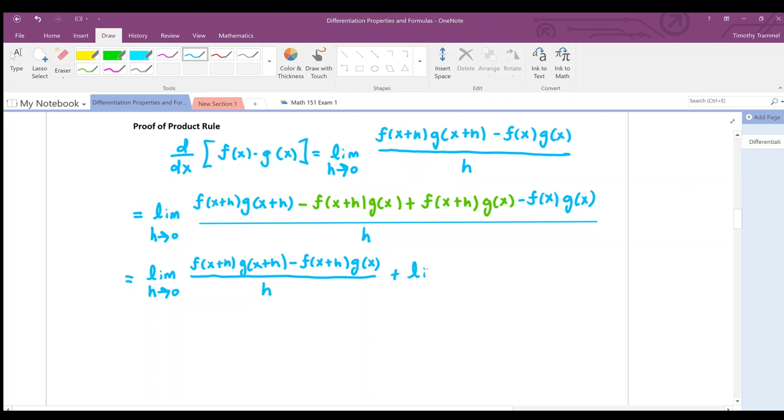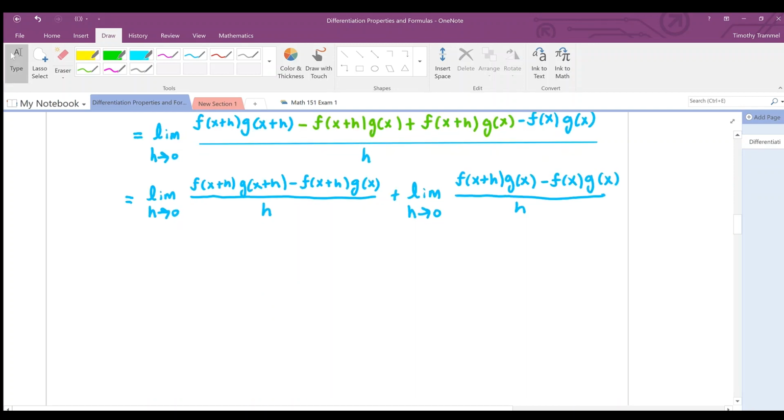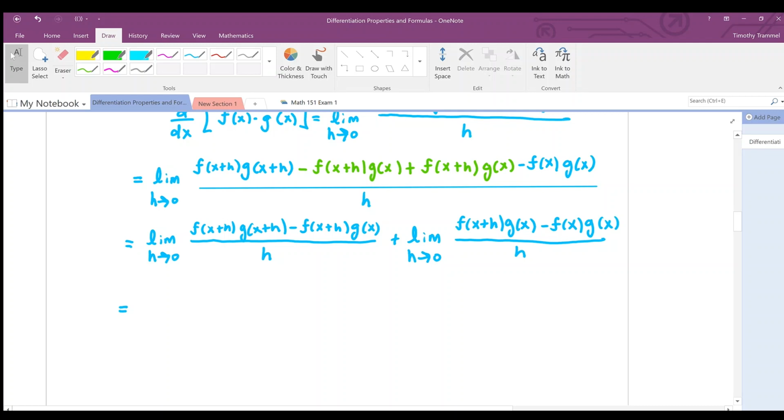Plus the limit as h goes to 0 of f of x plus h times g of x minus f of x times g of x, and then all over h. All we actually did is split this up into two separate fractions, and we're going to take the limit of them both separately.